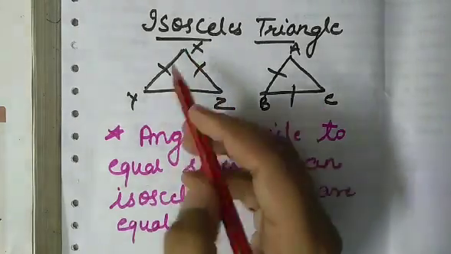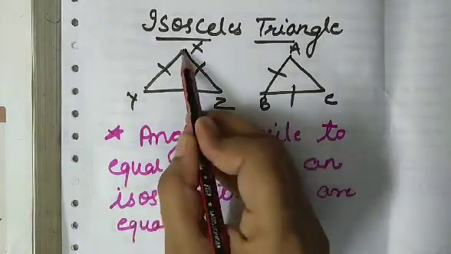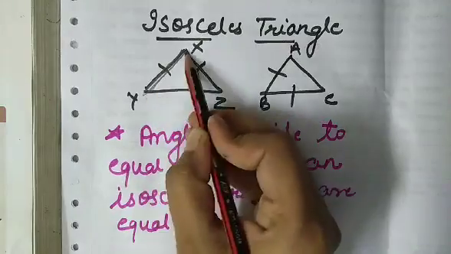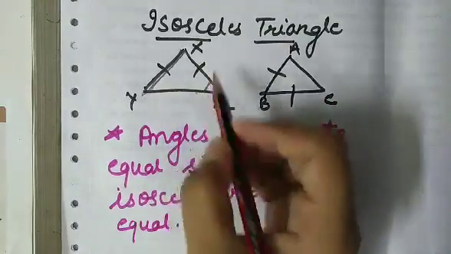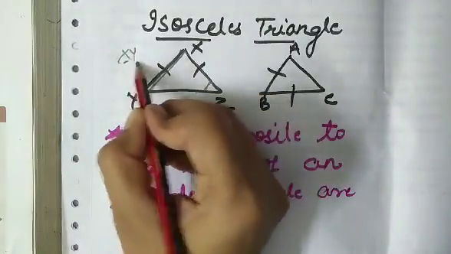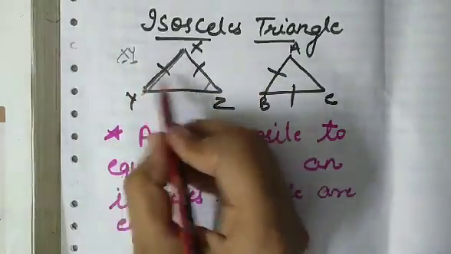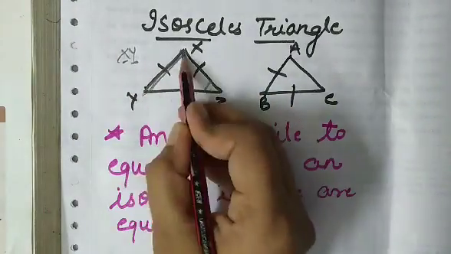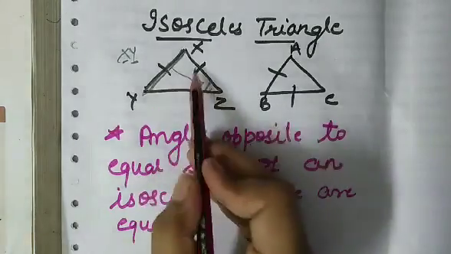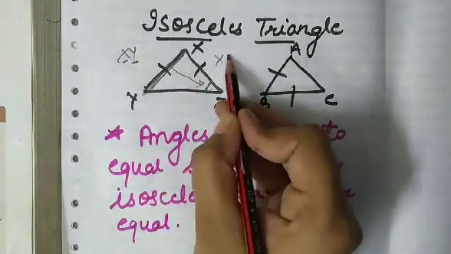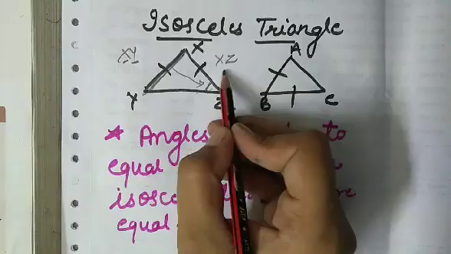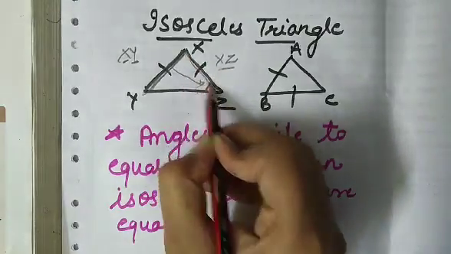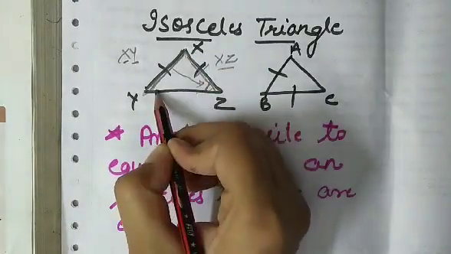The angle opposite to side XY will be Z, because XY is formed with X and Y, so which vertex is missing? Z. So opposite to XY we have Z. And opposite to XZ, which one is missing? Y is missing. So opposite to XZ we have angle Y.